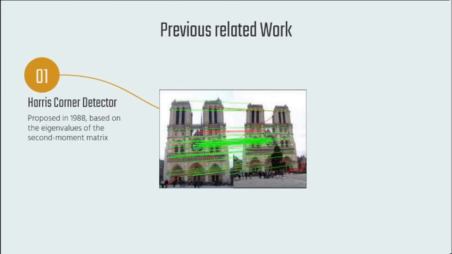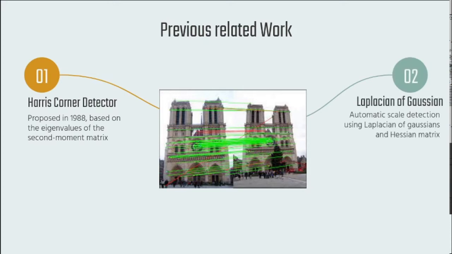Before that, we'll look at some previously related works, starting with the Harris corner detector. Here the key point is detected by computing the eigenvalues of the second order moment matrix, but it didn't take scale variation into consideration. Second is the Laplacian of Gaussian. This algorithm overcame the drawbacks of Harris corner, so it is scale invariant.